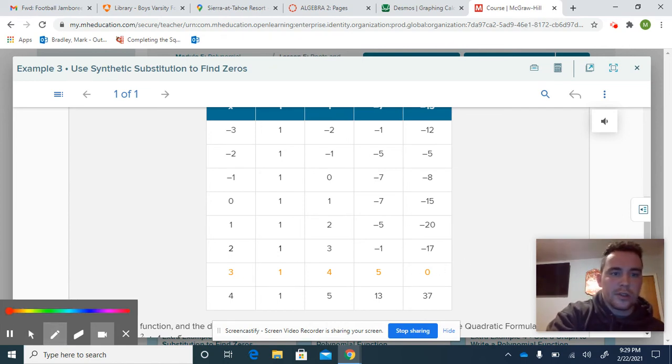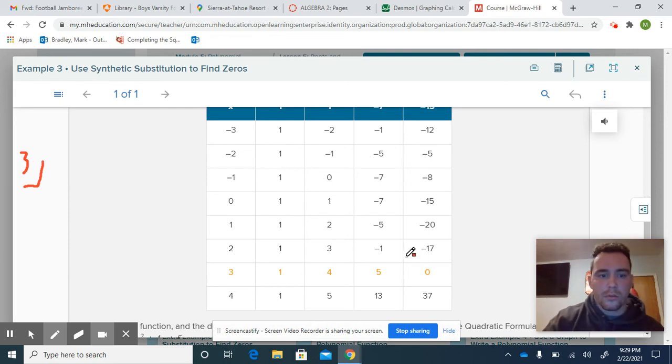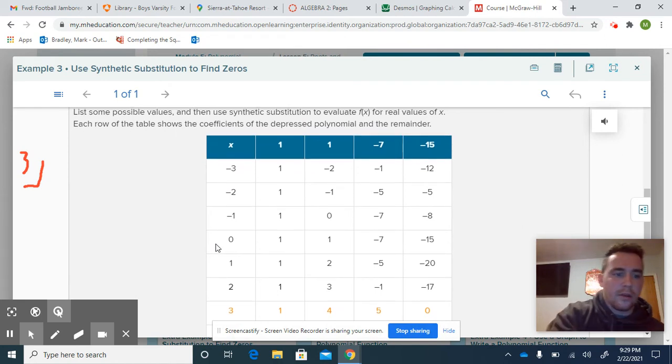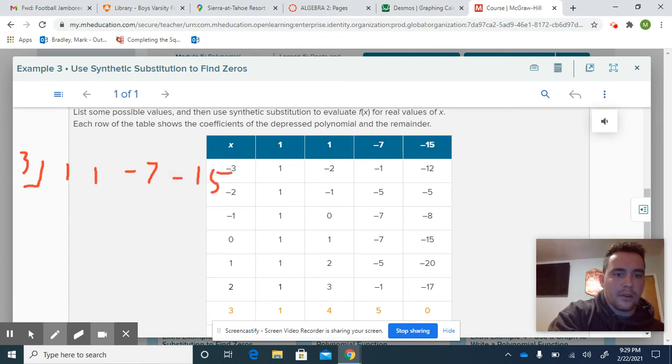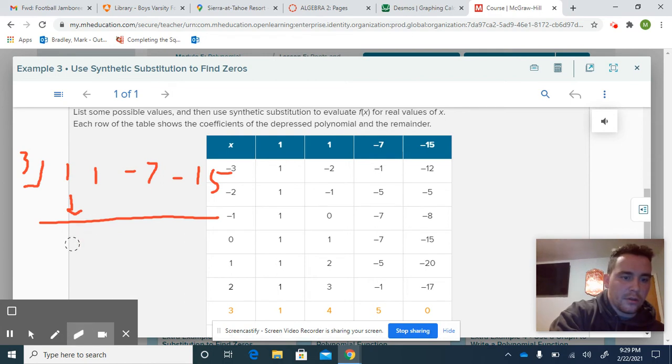So when you do your synthetic substitution, we have a 3. We're going to put that in a box. Let's scroll up a little bit. We have a 1, 1, negative 7, negative 15. So we're going to do this. This 1 comes down to a 1, not a 3.